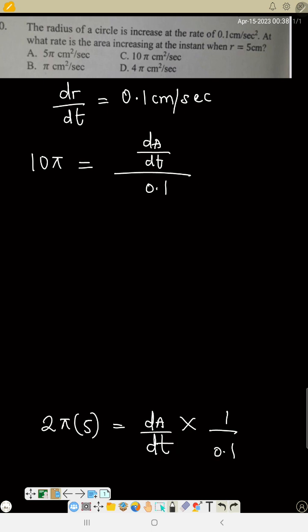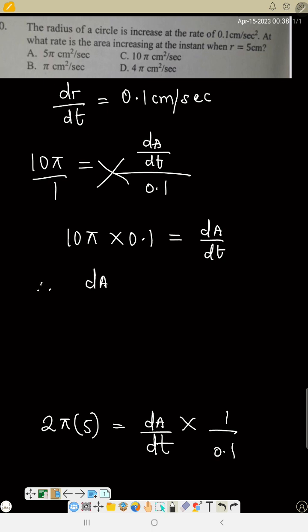So you cross multiply here. So we have 10 pi times 0.1 is equals to dA dt. So that means dA over dt equals 10 times 0.1. So that should be 1.